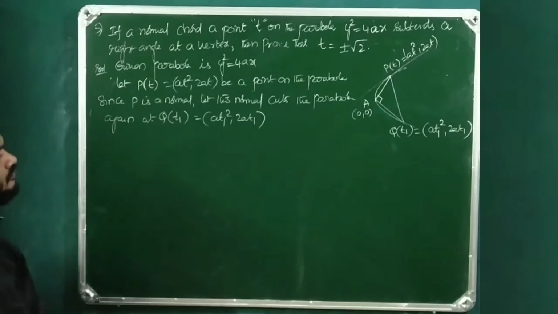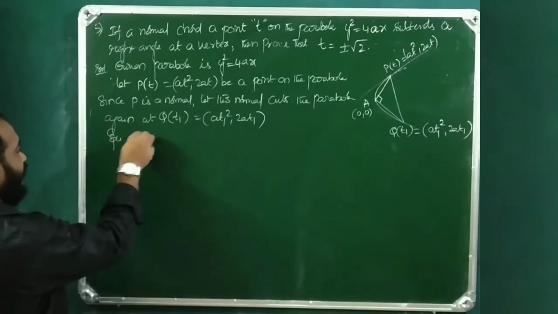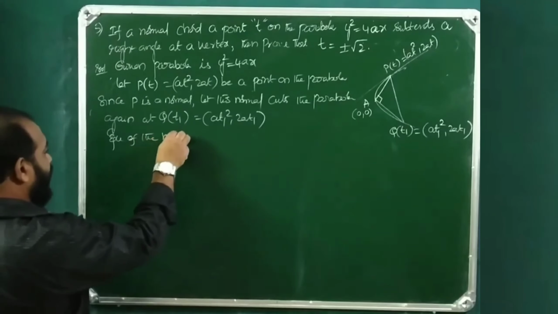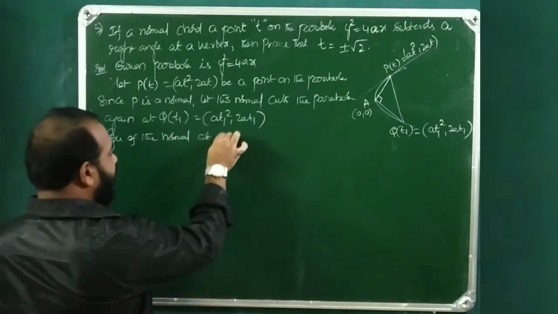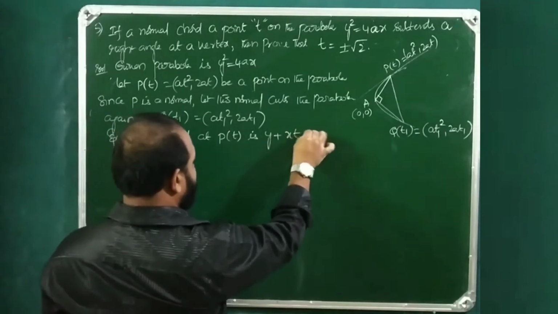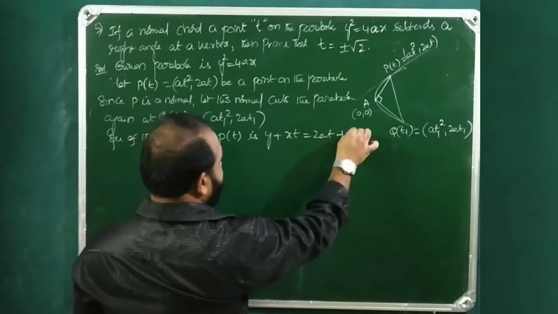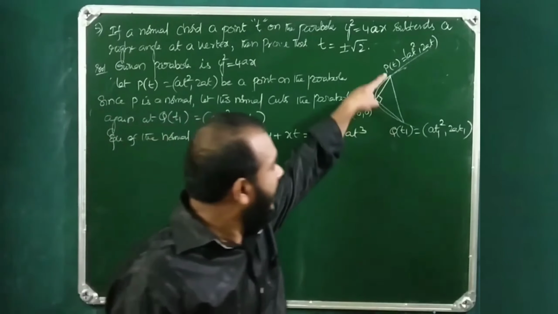Now, the equation of the normal at P of t is y plus xt equals 2at plus at cube. The equation of the normal at t.